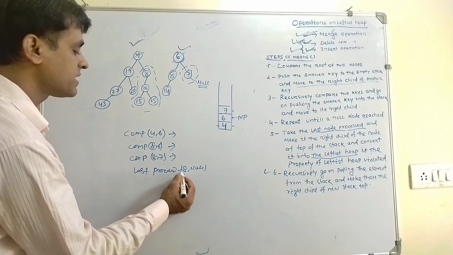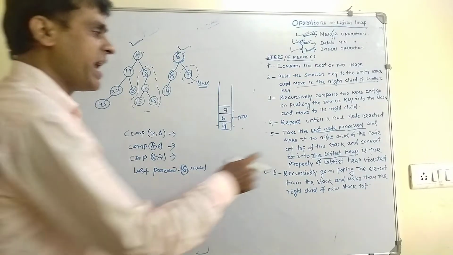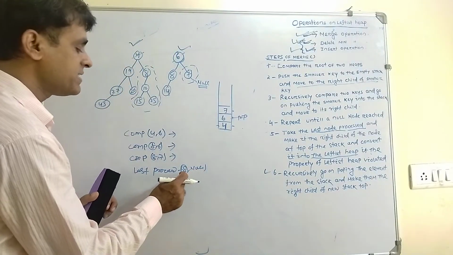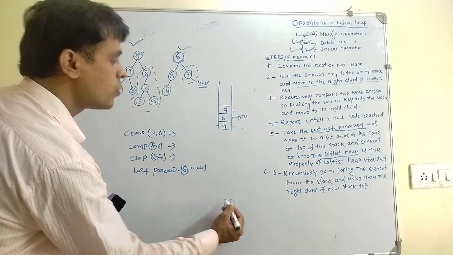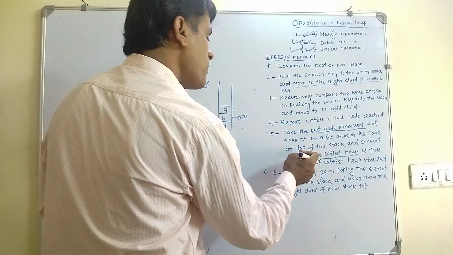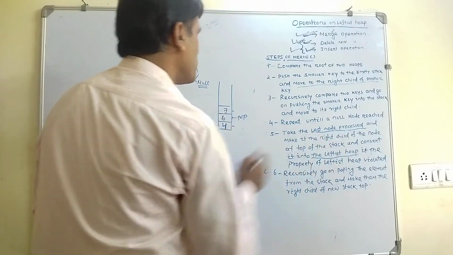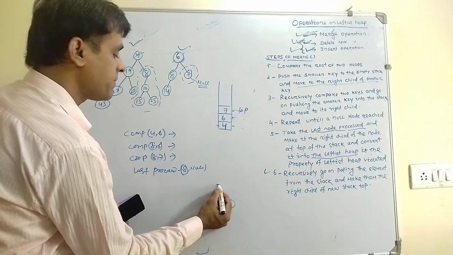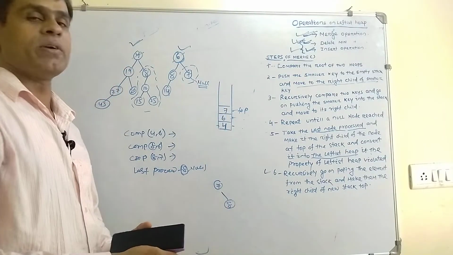What is the last node processed? That is 8. And make it the right child of the node at the top of the stack. The top of the stack is 7. So 7 has the right child 8.